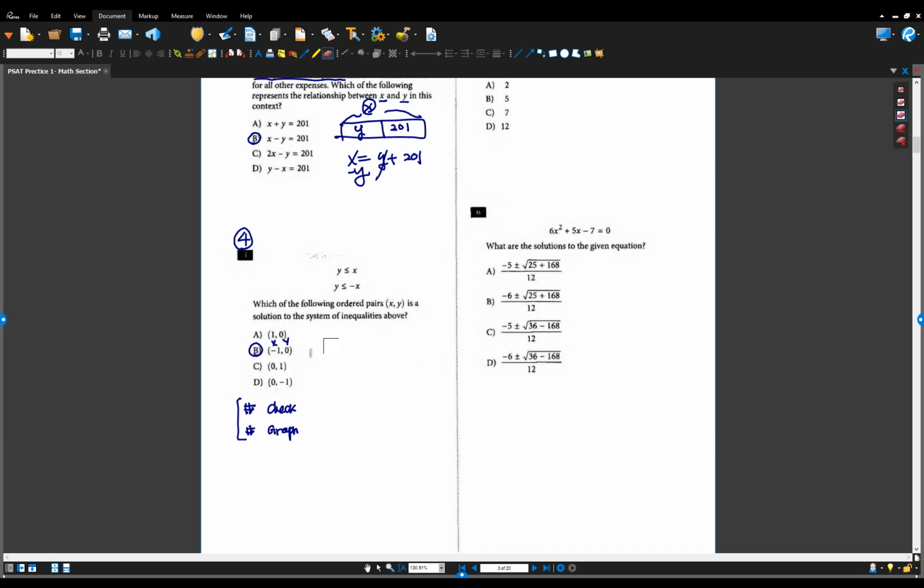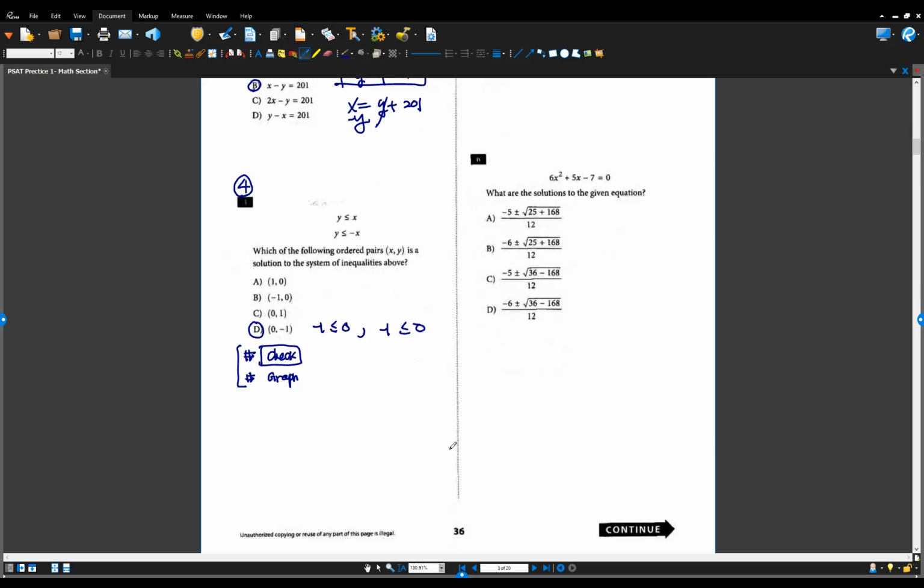Yes, D. Let me check it. y is -1, which is less than 0, that's fine. The second inequality, -1 is less than 0, that's working. This is using the choices to check. Sometimes graphing is useful, because when the right choice is the last one, you can check 1, 2, 3 and finally get this one.